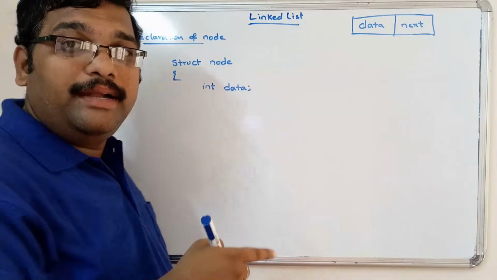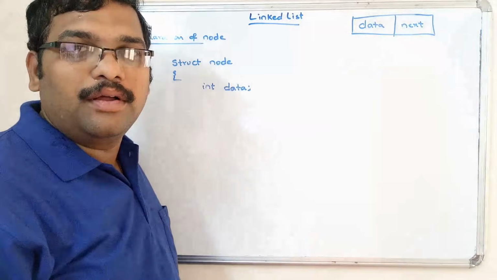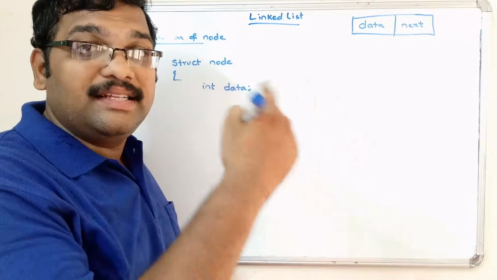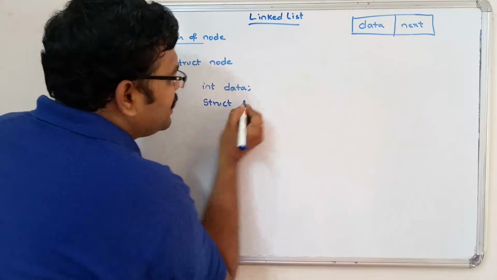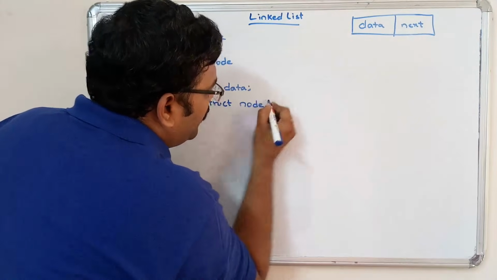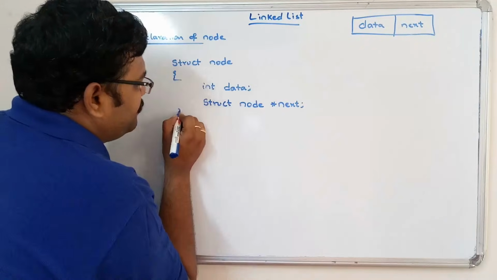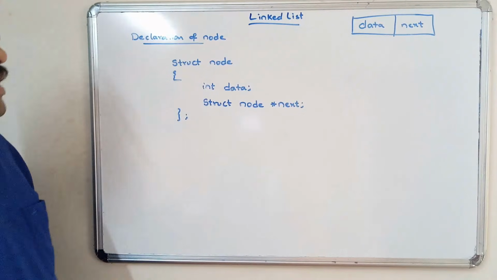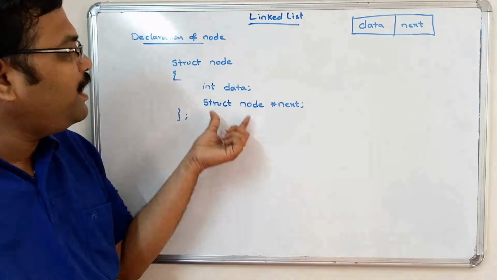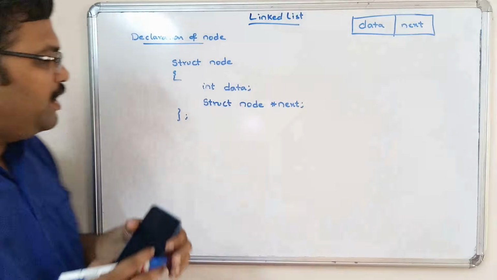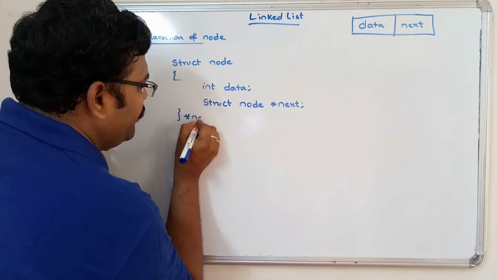The second one is a pointer which is pointing to the self node, right? So we have to create struct node star next, right? So this is the declaration of a node. Here we have to declare a variable.